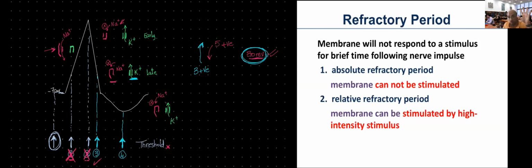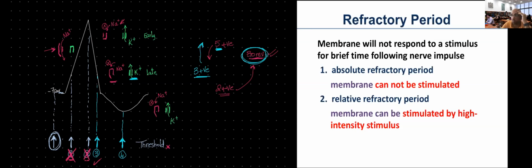So if I allowed the same 5, but at the same time, I'm losing 3 positive charges out, I'm losing potassium out, would I be able to reach the depolarization? No. Why? Because I don't have 5 effective positive charge gains. Because the net gain is just 2, and 2 positives are not going to allow me to reach the depolarized state. It's not enough.